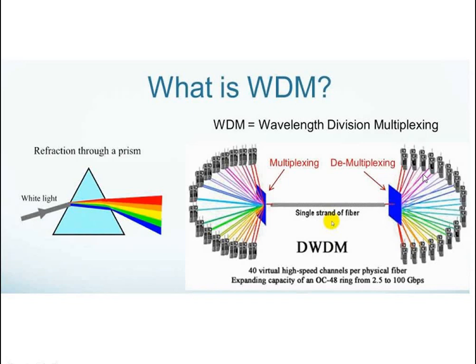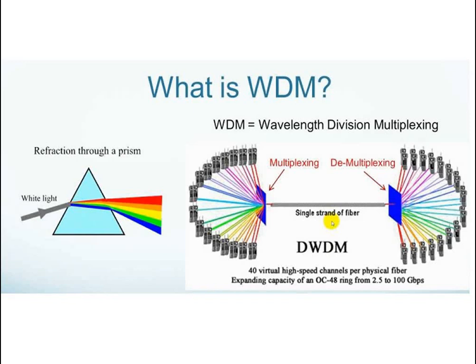On the receiving side, each color is separated into its own channel by a WDM demultiplexing device. So it shows that a single fiber capacity is increased by 40 times with the 40 channel WDM.